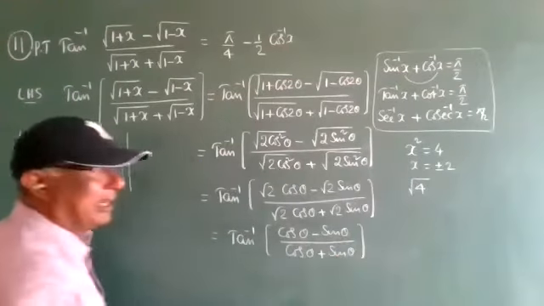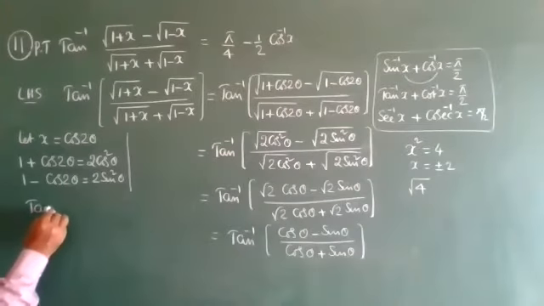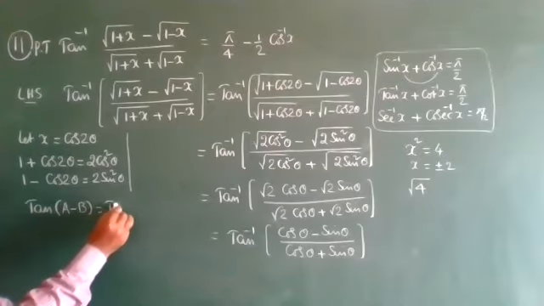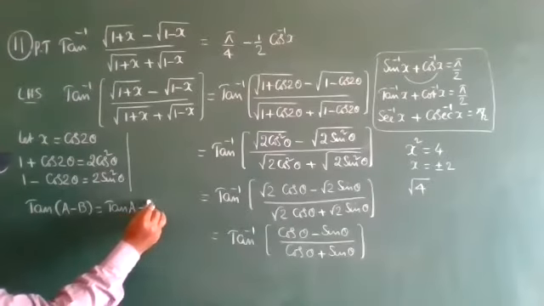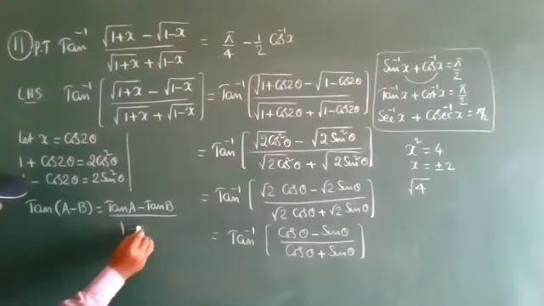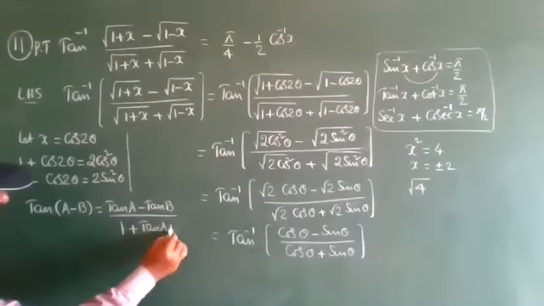Right. Tan of A minus B formula, one time recollect them. Tan of A minus B formula is (tan A minus tan B) by (1 plus tan A into tan B).